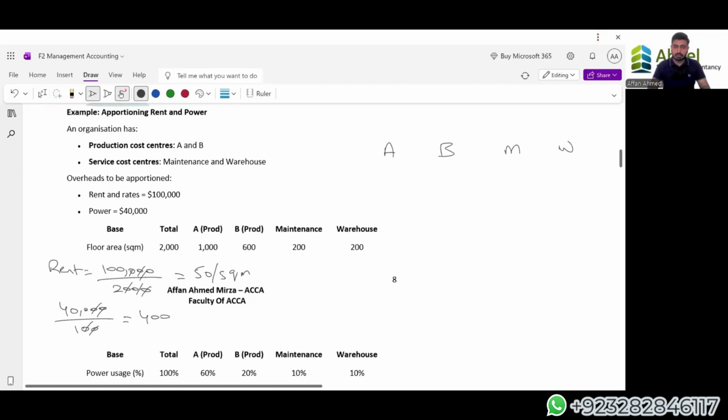Right? Now let's do it. I'm just not using the percentage and multiplying it by 60, 20 and 10. I'm removing the percent sign. Okay. So let's just do it for each of the departments. Now for rent, what I have to do is multiply 50 by each of the departments' floor area. So 50 into 1,000, 50,000.